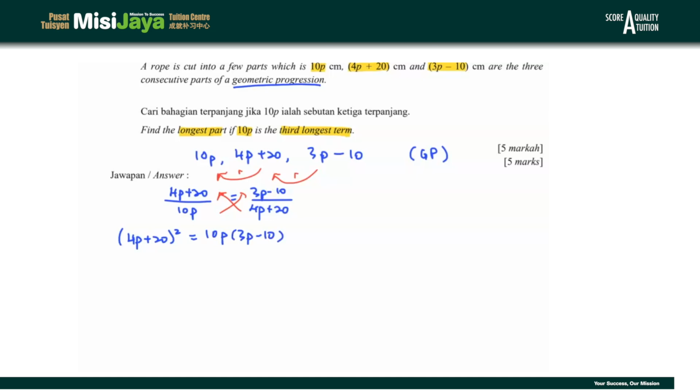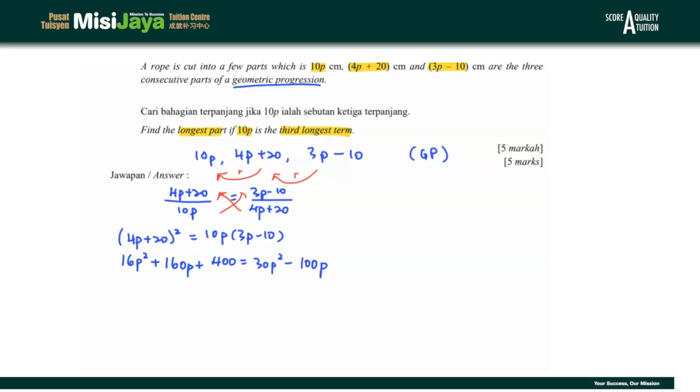Expanding this, we have 16p squared plus, 2 times 20 is 40, times 4 is 160p, plus 20 squared is 400, equals 30p squared minus 100p.